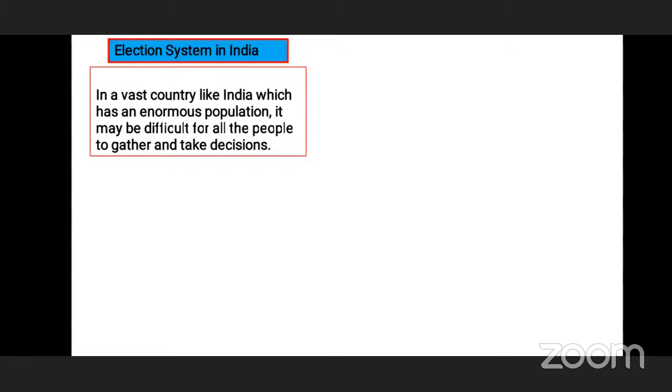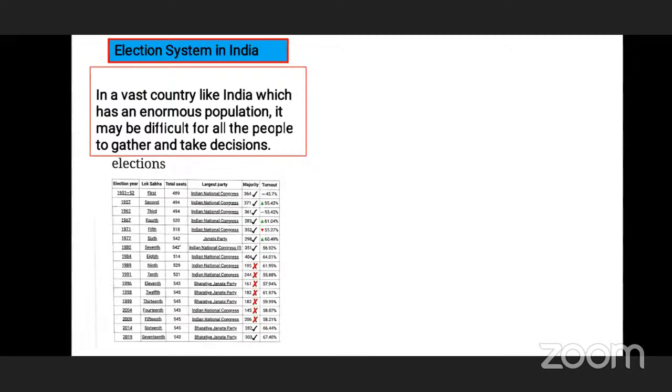India is the largest country in the world, 7th in area, and also the most populated country after China. It is very difficult for all the people to gather and take decisions. So the need for elections arises.